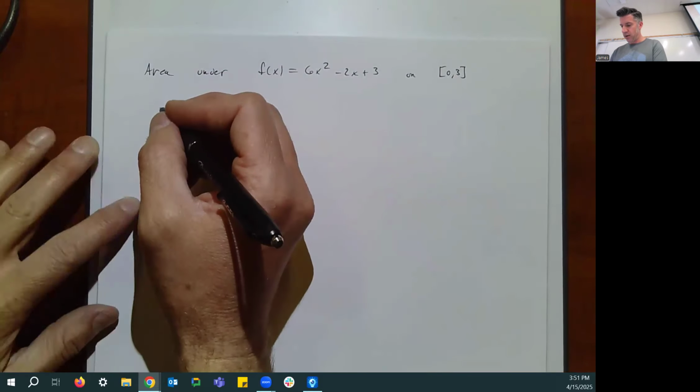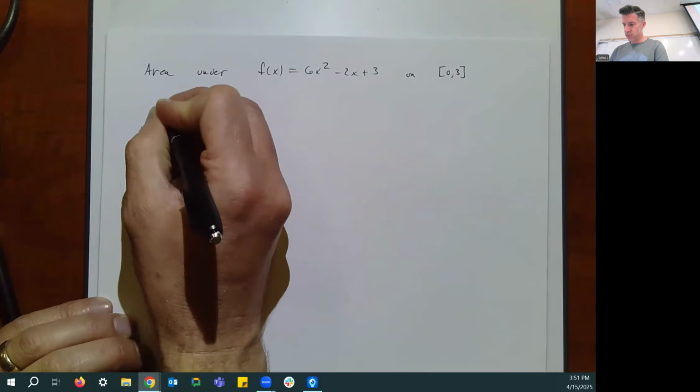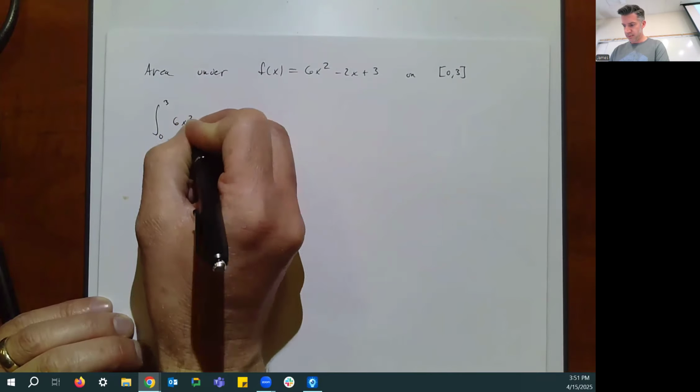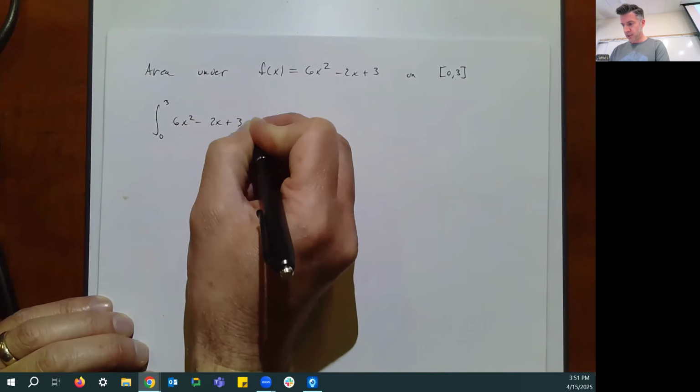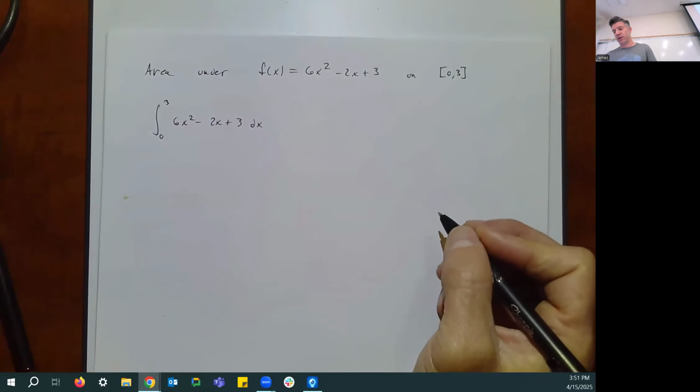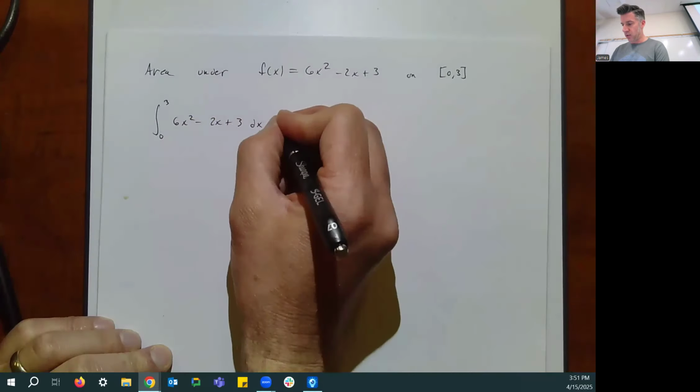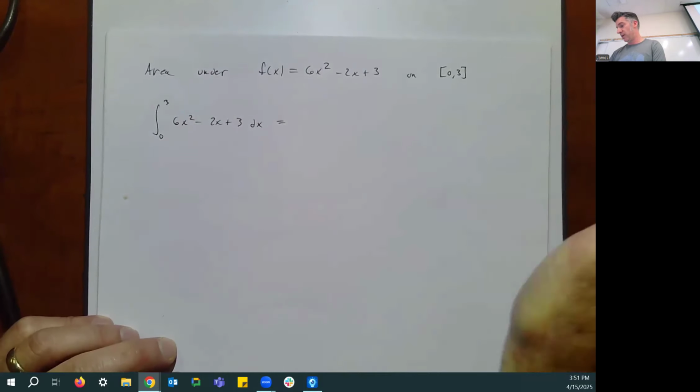So our area under 6x squared minus 2x plus 3 from 0 to 3 is going to equal, and I would just throw this down before I did anything else.